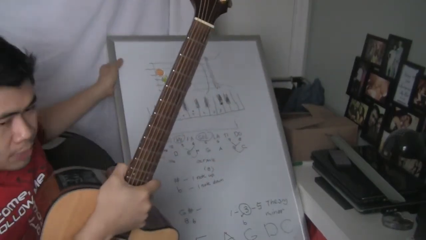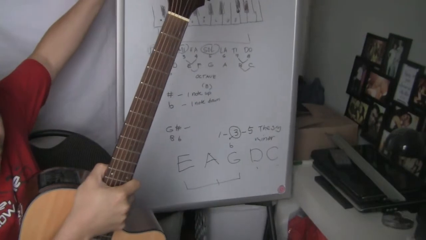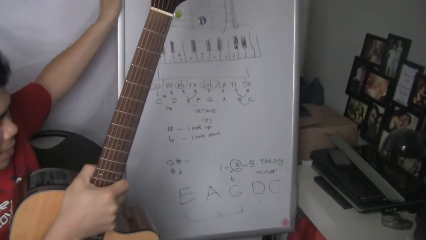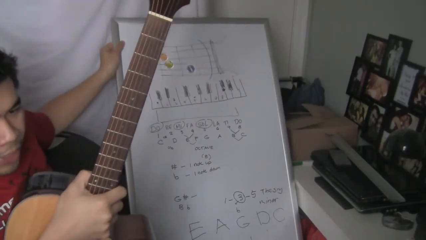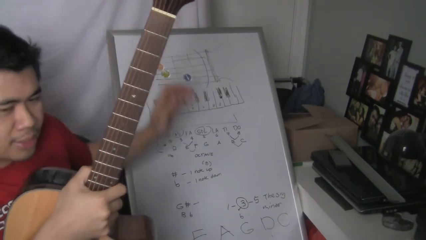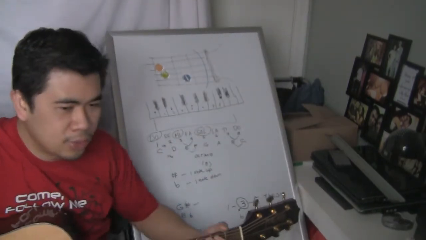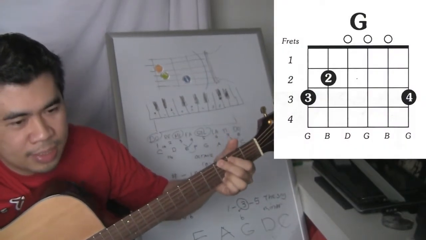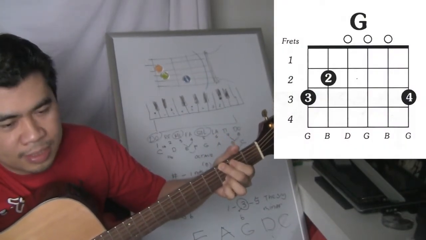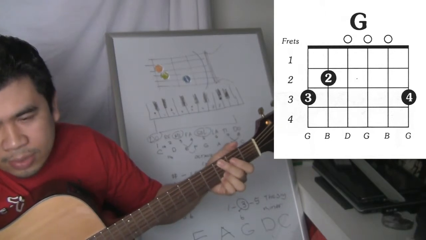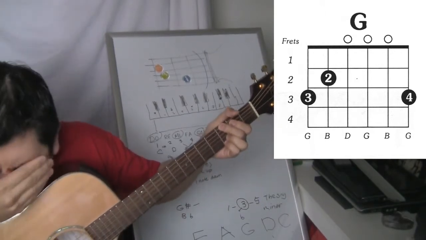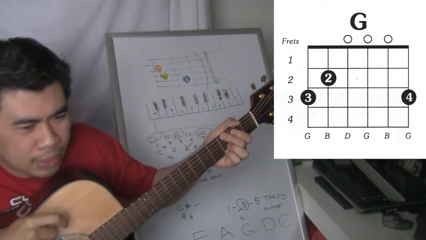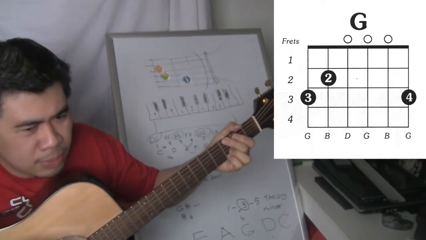Now, among all the forms here, it's only the G that is very, very special. But there are also songs that you can just move this G. There's a secular song in the Philippines called El Bimbo. I know you're familiar with this one.